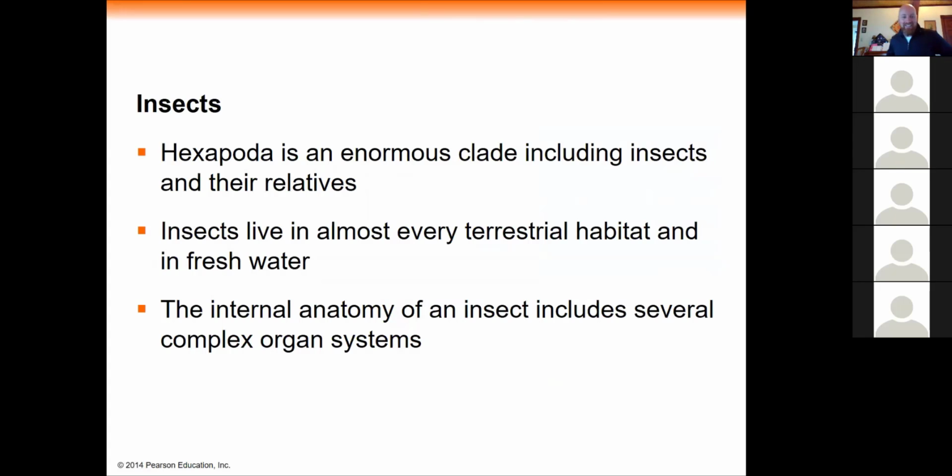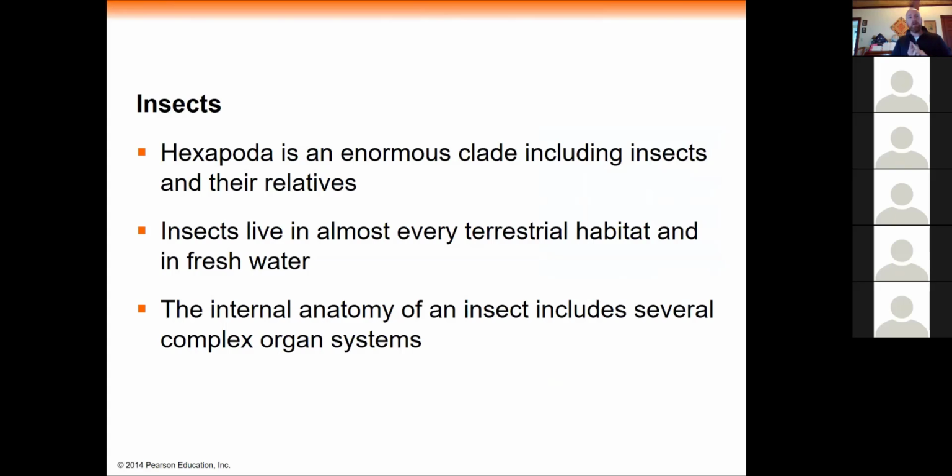Insects. Insects are hexapods, meaning they have 6 walking legs. Typically walking, jumping, whatever you want to call it. It also includes other relatives of insects. So we find these guys everywhere, except marine environments.